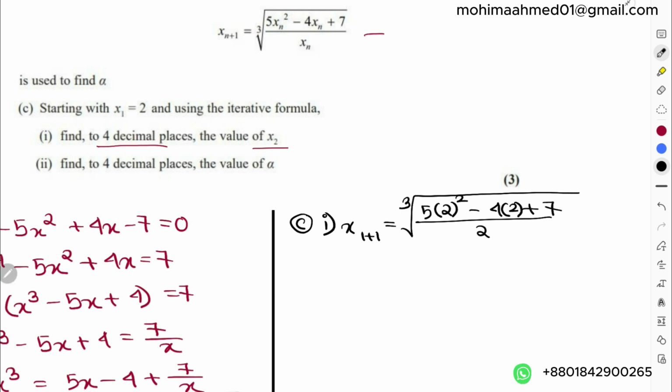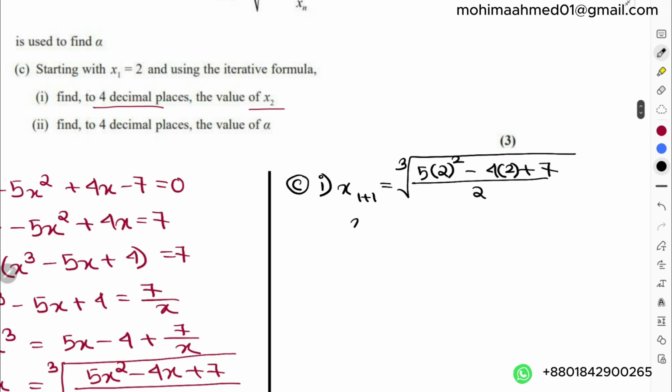Didn't see that. And then you get 2.1179. That is the value for your x2.